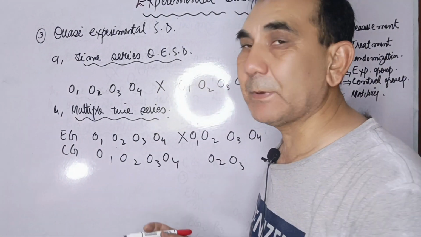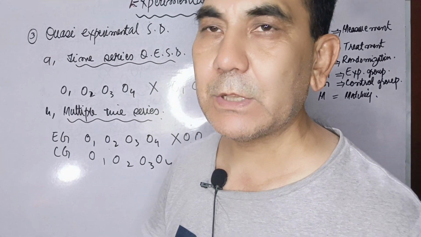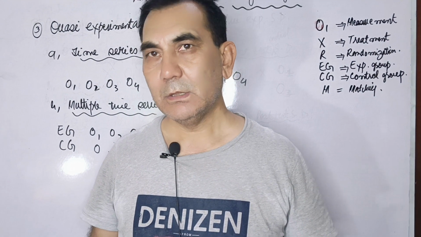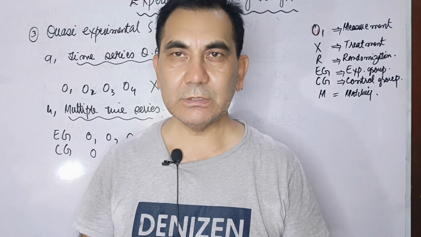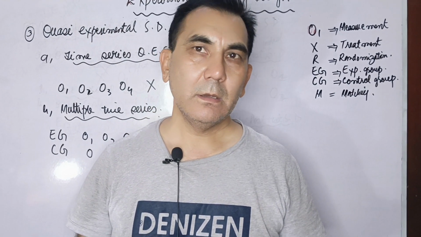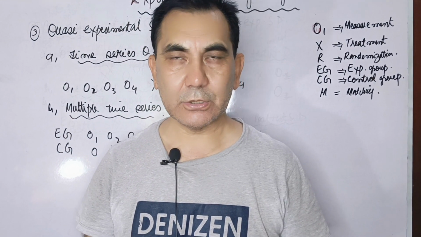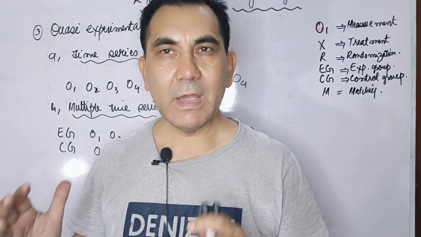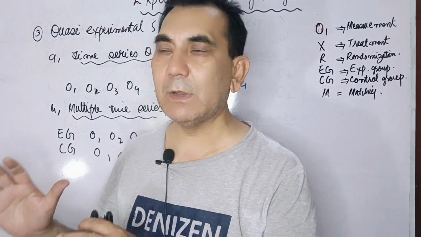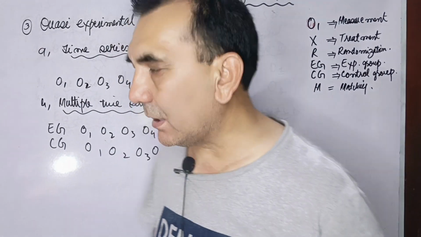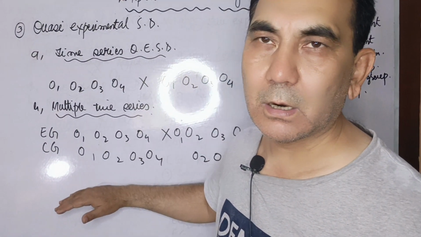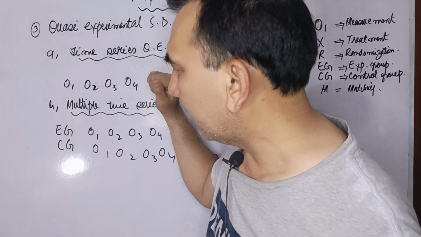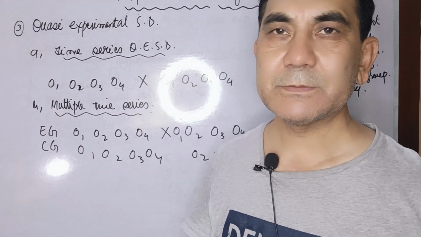So the quasi-experimental study design is another type of experimental study design, in which the researcher conducts a study where no randomization is done and no control group is selected. If the researcher selects a control group, it will be very minimal in numbers, and the matching and homogeneity will not be observed or fixed in the quasi-experimental study design.